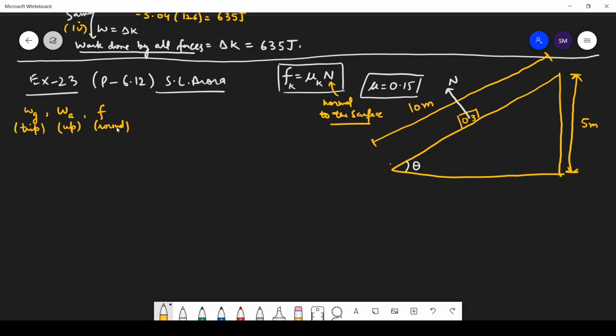So no applied force in the downward direction. And then you need to tell the final kinetic energy. So at this point, when this box was coming down, what is the final kinetic energy over here at this point? So these are the four things, 1, 2, 3, and 4, that we need to do.